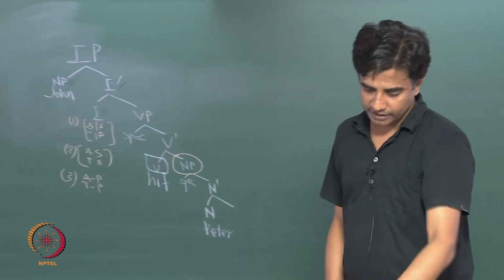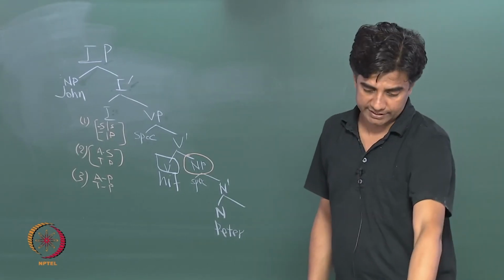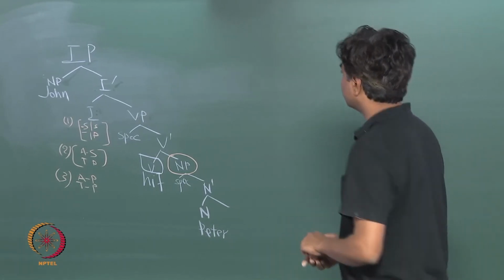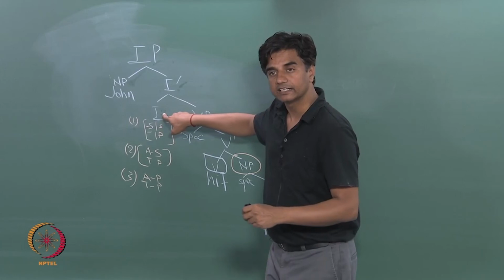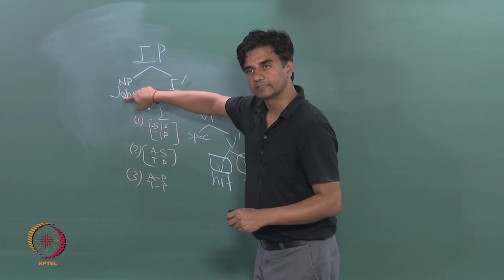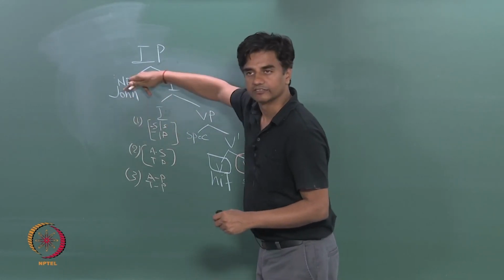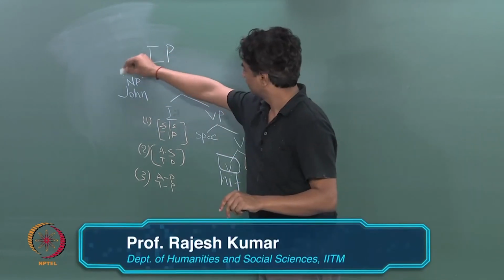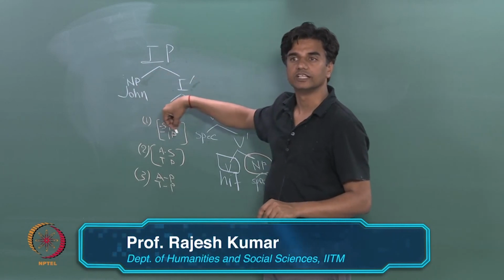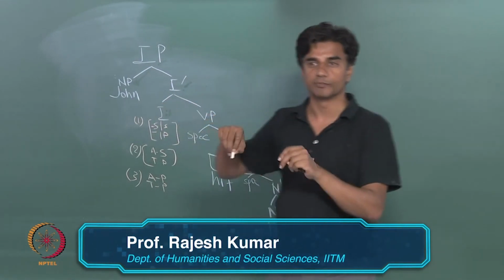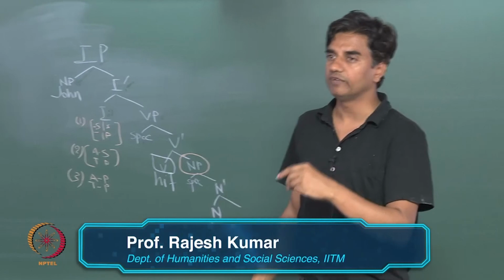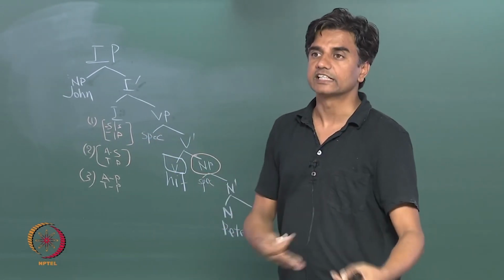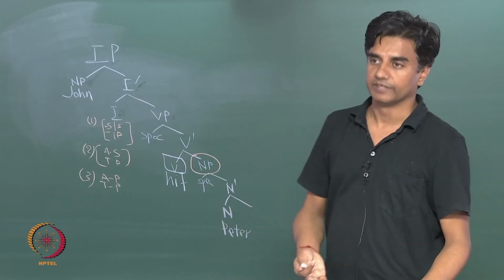So let me come back to spec and head agreement, and why it is really important. This is the head and this is the spec. It's not clear here, but there are cases when we expand IP, then we understand why this kind of configuration is important, why a specifier position is important to a head, and how we can maximally exploit it to understand certain more nuances of natural language.